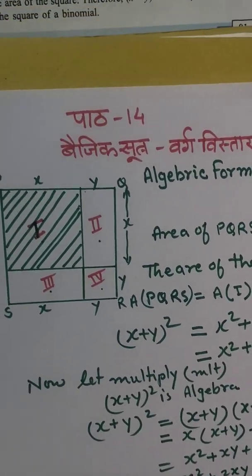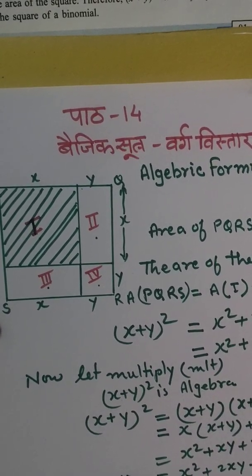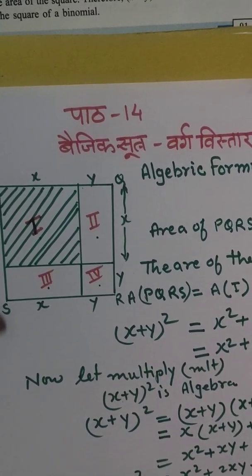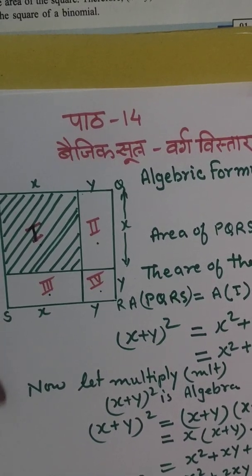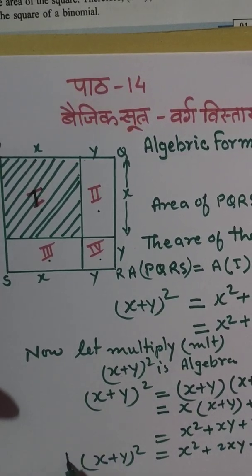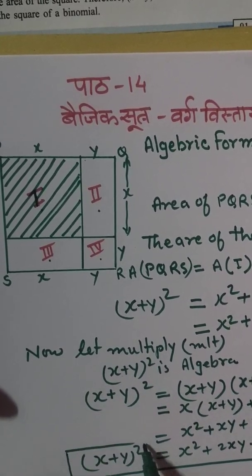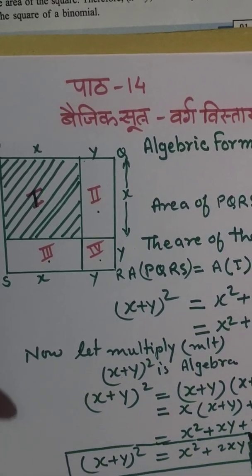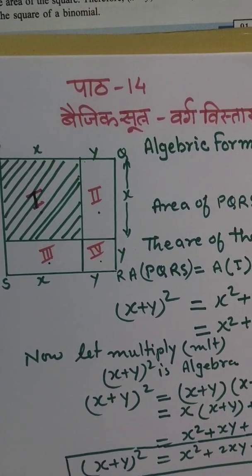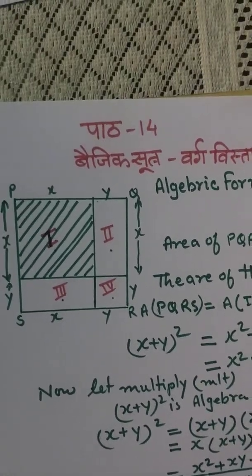Therefore, you can consider (x plus y) whole square is equal to x square plus 2xy plus y square. This is the formula for the square of x plus y.